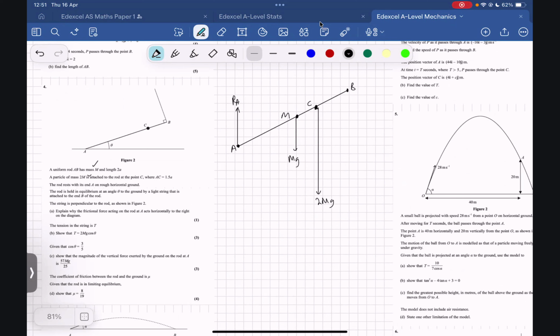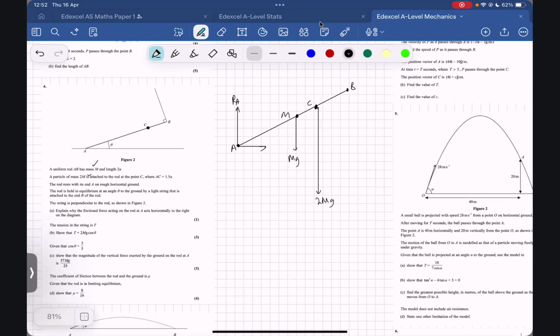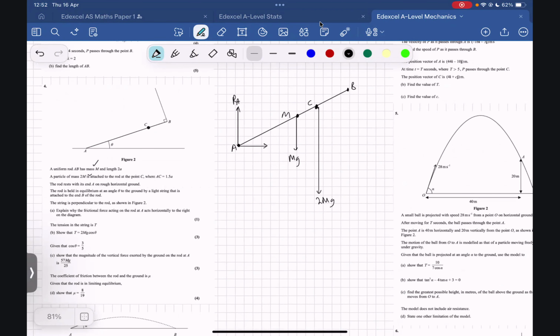And the rod rests on a rough ground, so this is going to be my friction.